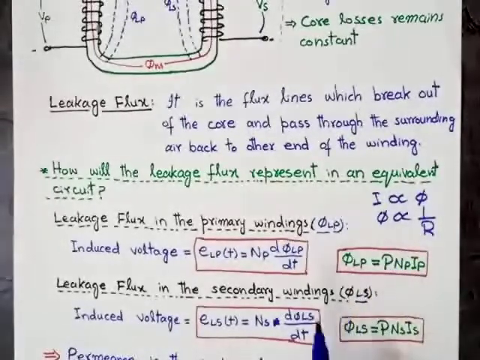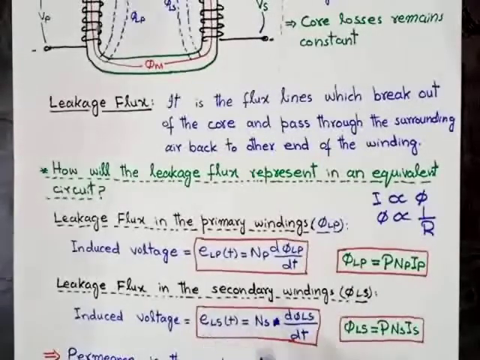Similarly, in case of the secondary winding, the formula of the leakage flux is equal to permeance into NS into IS. NS means secondary number of turns, IS means the current per turn.